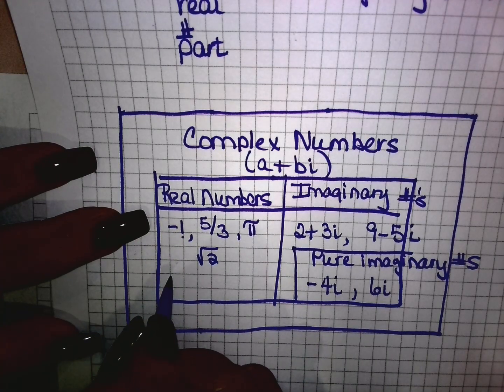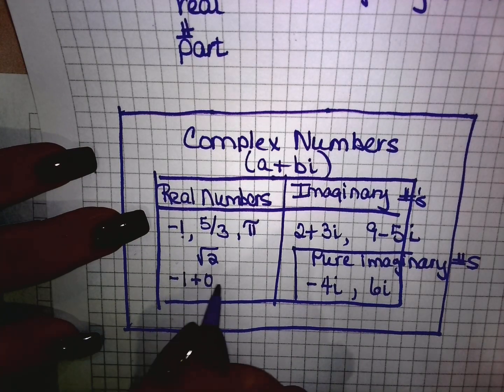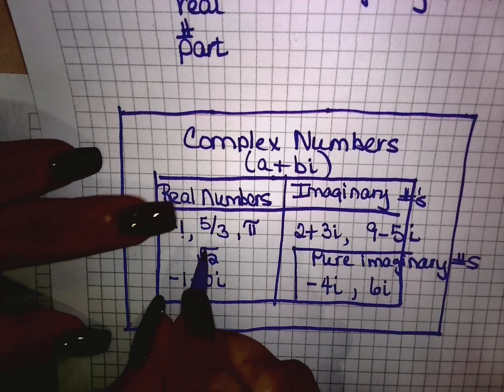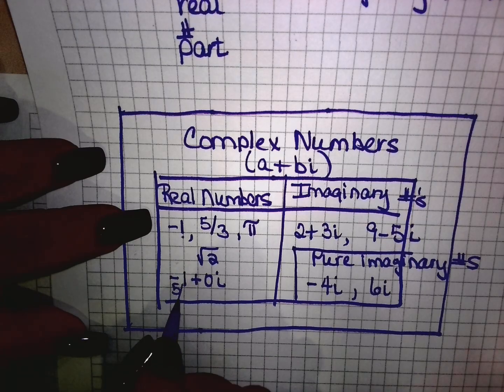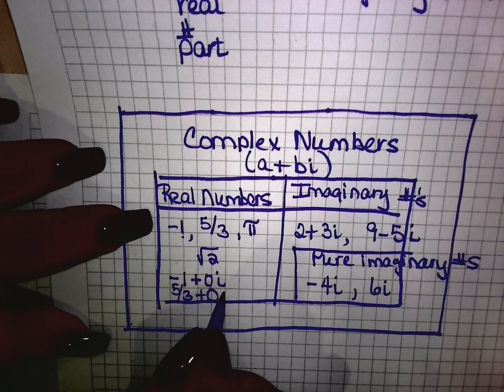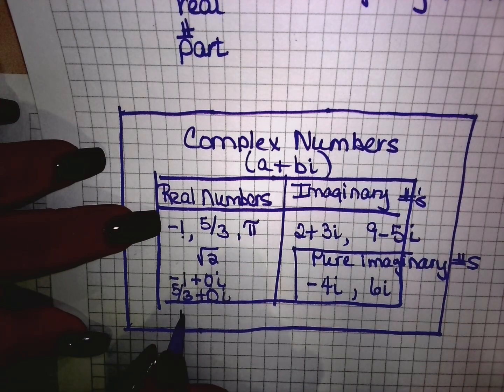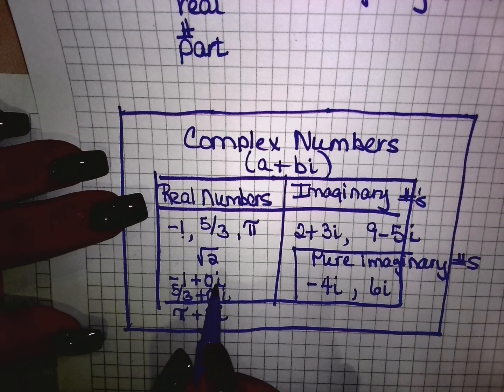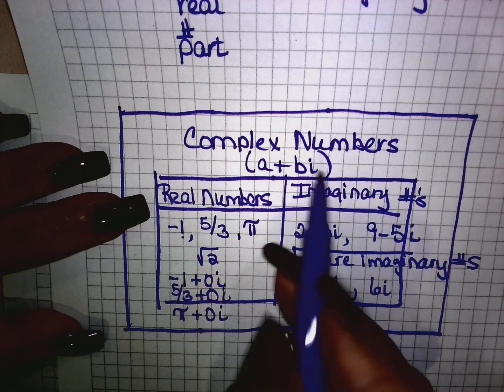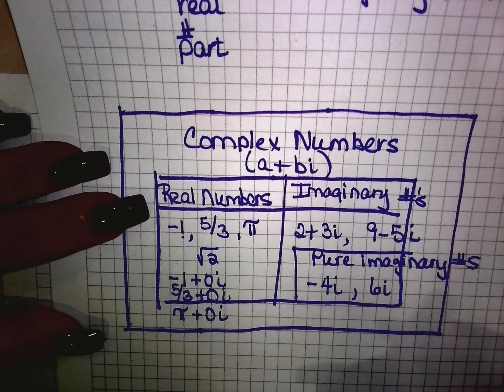This -1 would be -1 plus 0i, because there's no imaginary part. 5/3 would be written as 5/3 plus 0i. Pi would be written as pi plus 0i, and so on. The 0i term, this bi term, would be 0 for real numbers.